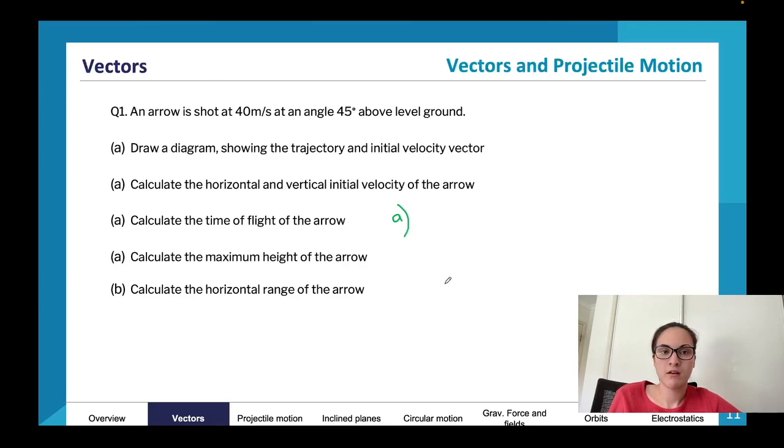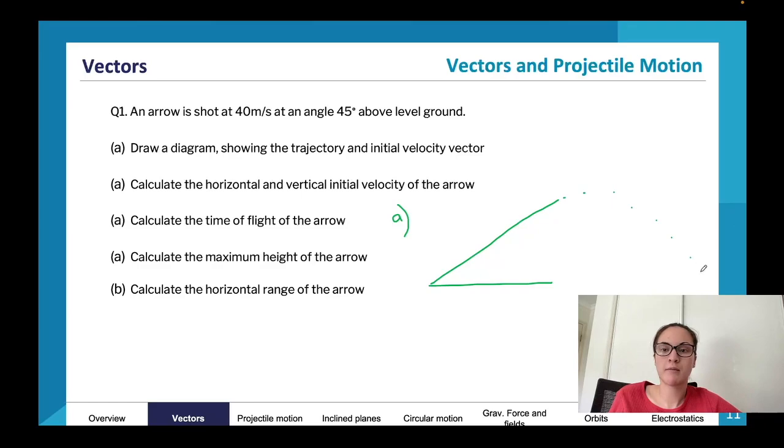So, alright. So it gets shot straight up in the air like that. I'm going to say it just kind of goes down like that.